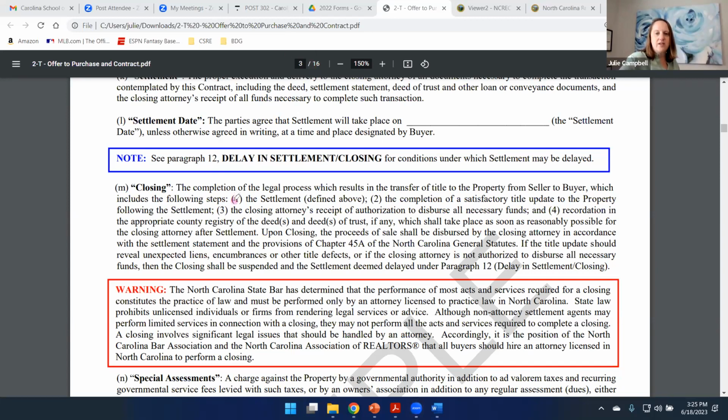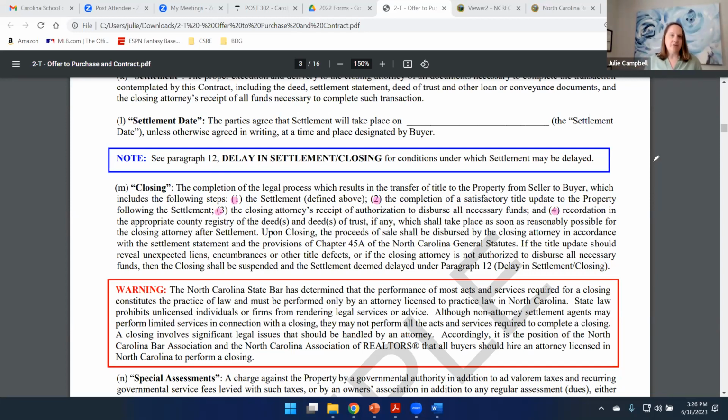Closing consists of settlement that we defined above, the completion of satisfactory title update to the property following settlement, the closing attorney's receipt and authorization to disburse all necessary funds, and the fourth and final act of closing, recordation in the appropriate county register of deeds of the deed and the deed of trust, if any, which shall take place as soon as reasonably possible for the closing attorney after settlement.